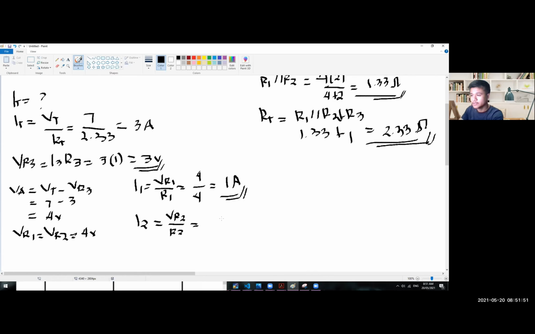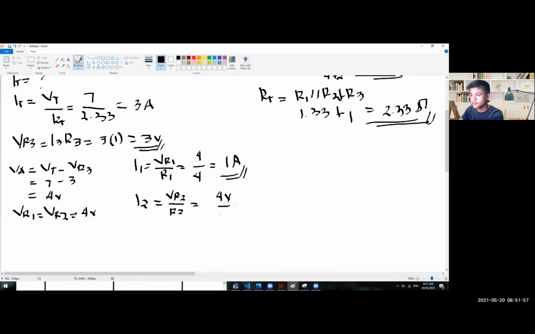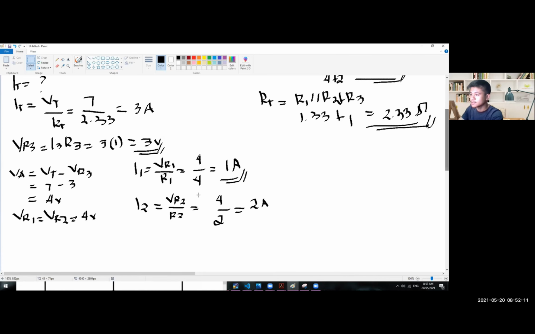So VR2 is still 4 volts divided by R2, which is 2 ohms. So 4 divided by 2 is equal to 2 amps. Let me just remove this one for consistency, since I didn't put the units here. So we have here 2 amps for the I2.